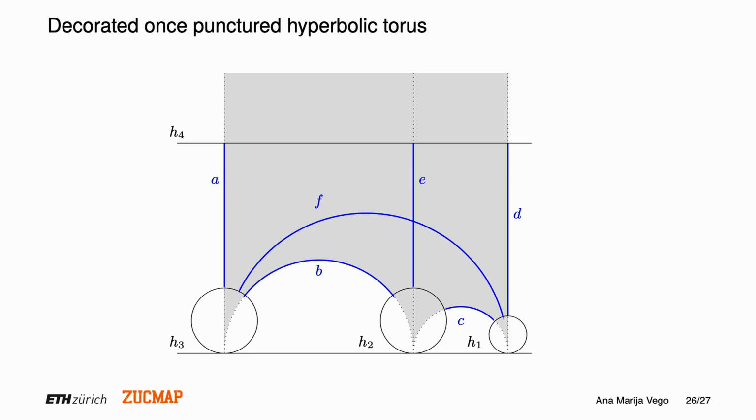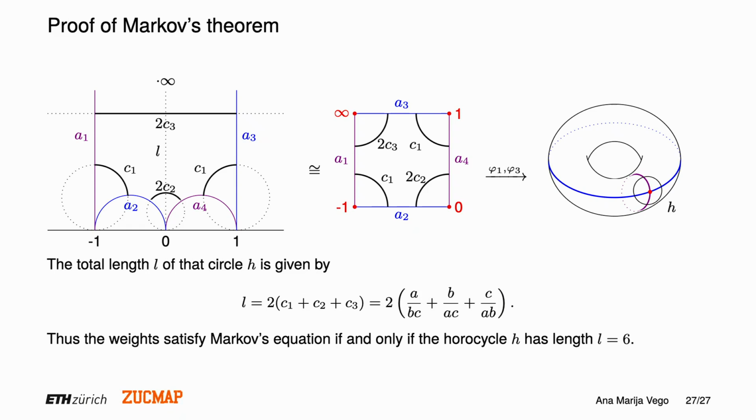Like here, I denoted these distances by A, B, C, D, E, and F, and these distances satisfy an equation which looks like AC plus BD is equal to EF.